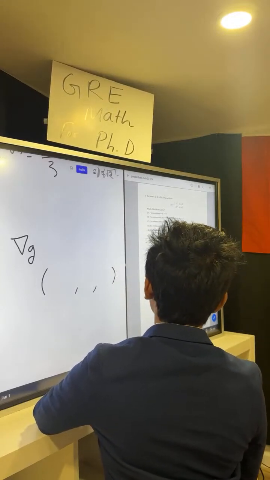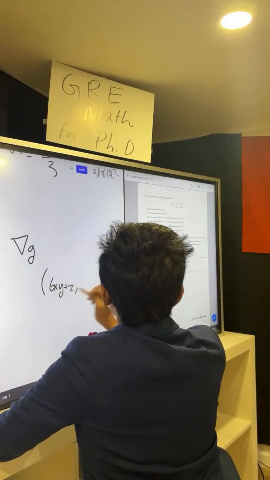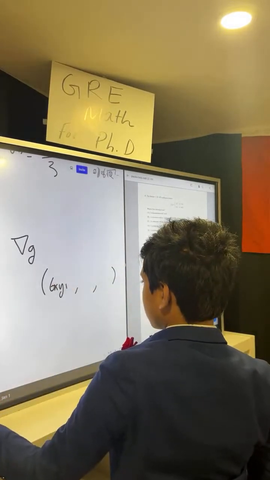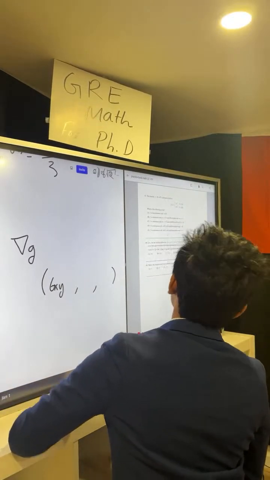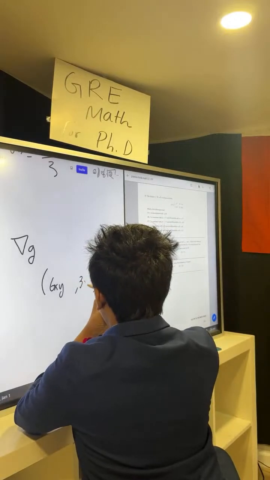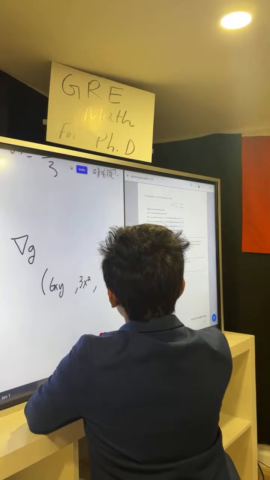So let's see, the partial derivative in the x direction, 6xy plus z plus nothing. Partial derivative in the y direction is 3x squared. Partial derivative in the z direction is 1.